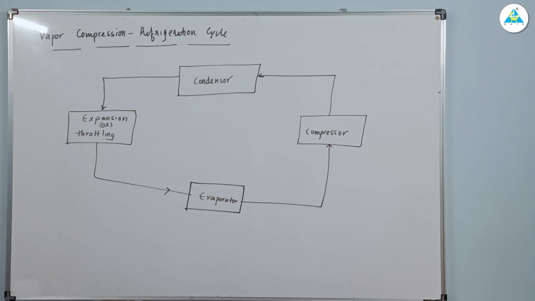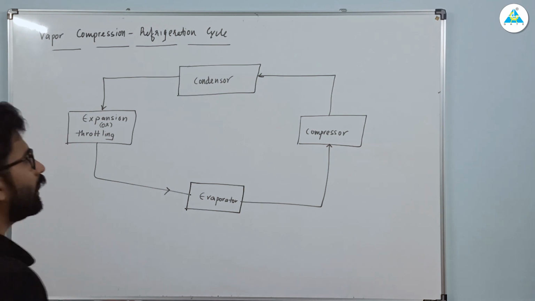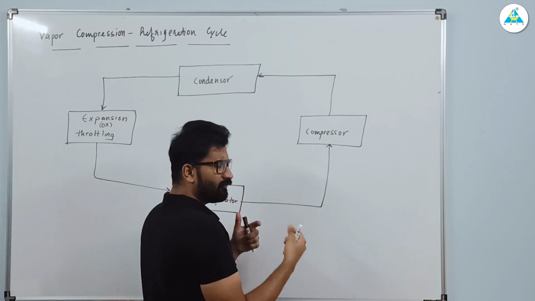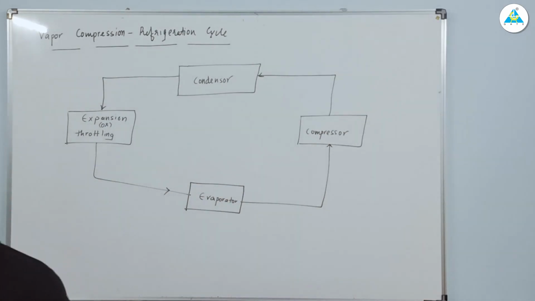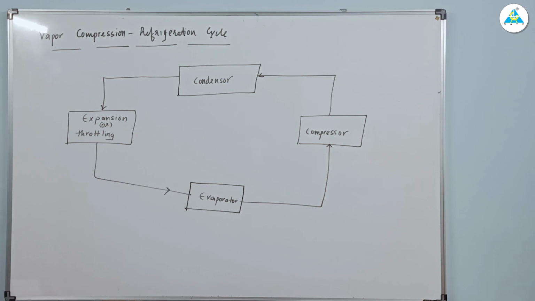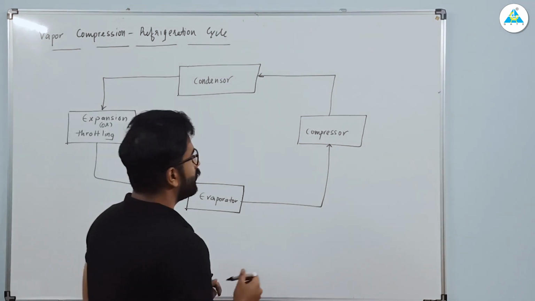So this is done. I'm starting from here. You can start from anywhere, it is not an issue because it is a cycle, so you can explain from wherever you want. I am starting here.